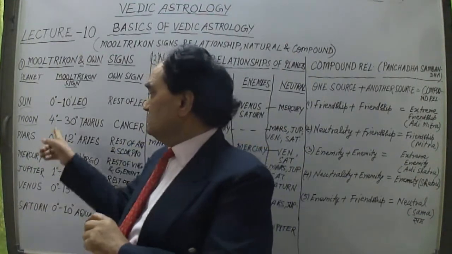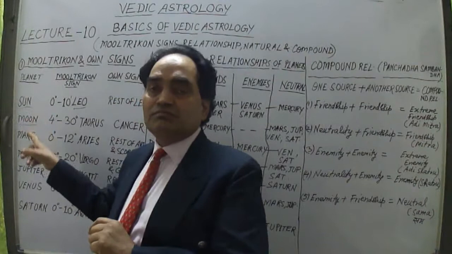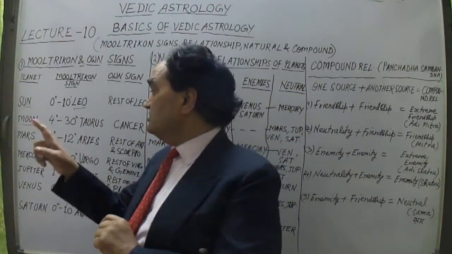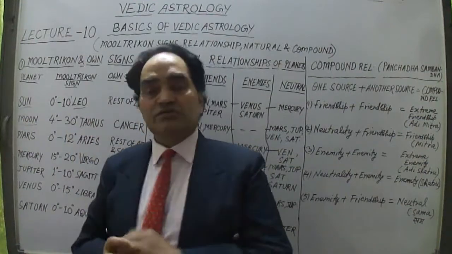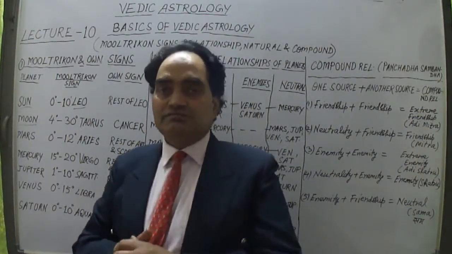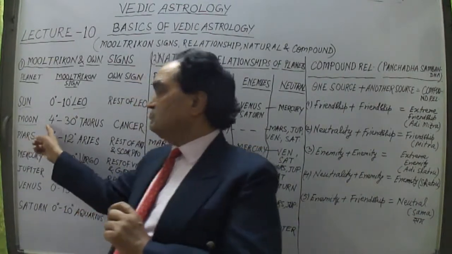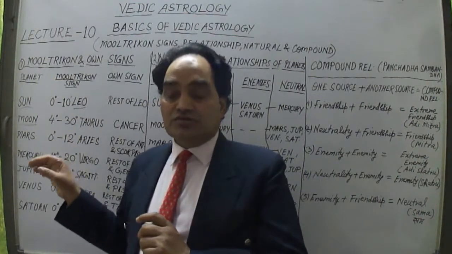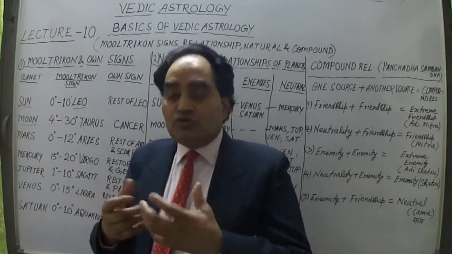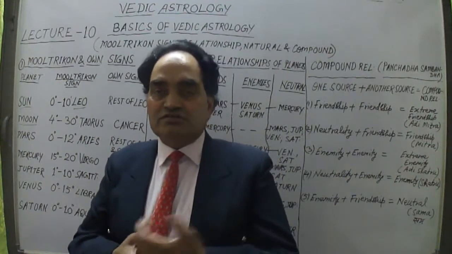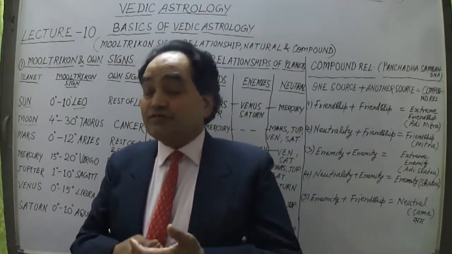At 3 degrees, as I have told you, the Moon's deep exaltation degree is 3 degrees in the Taurus sign. In the same Taurus sign, the Moon is exalted at 3 degrees. But when you find the Moon lying between 4 degrees to 30 degrees in the same sign, Taurus, the Moon is more active and will give better results than in his own sign, Cancer.